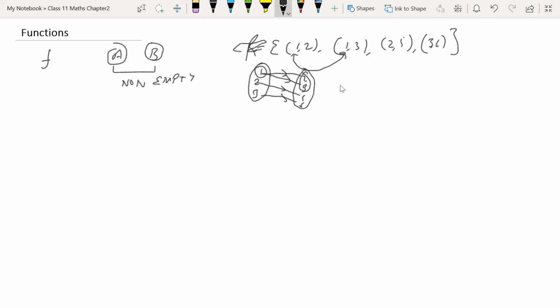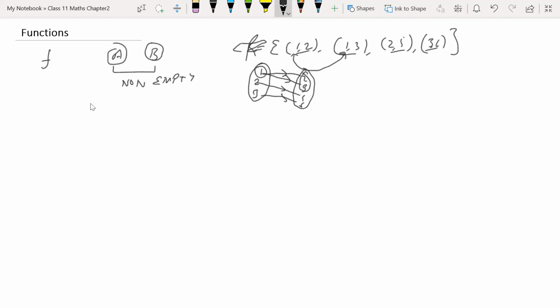A function is a relation from non-empty set A to B if no two distinct ordered pairs have the same first element. The first element must not be the same. In simple words, we can say there are not more than one image of an element.